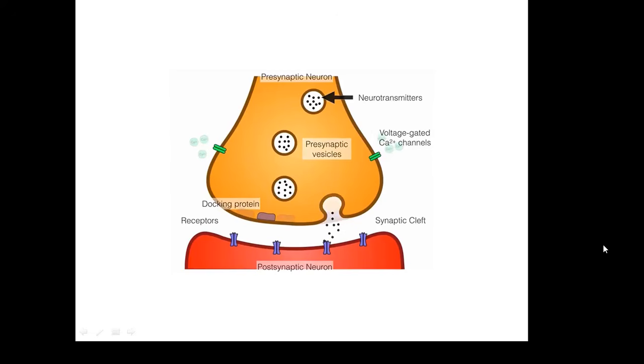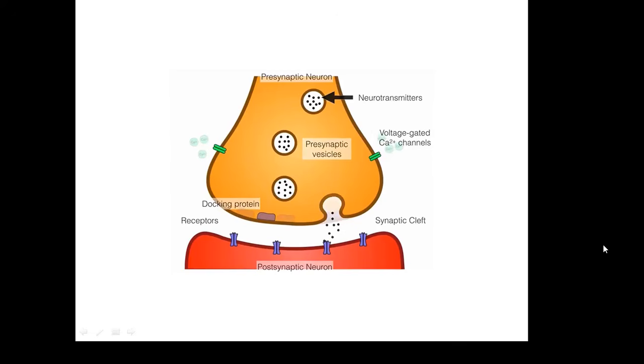Okay? Inside the presynaptic neuron, there are vesicles. Remember that vesicles are like little taxis and they carry the neurotransmitter. So there's the chemical called the neurotransmitter inside the vesicles. Now, what happens is this.